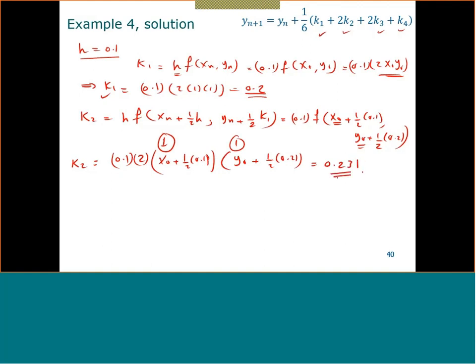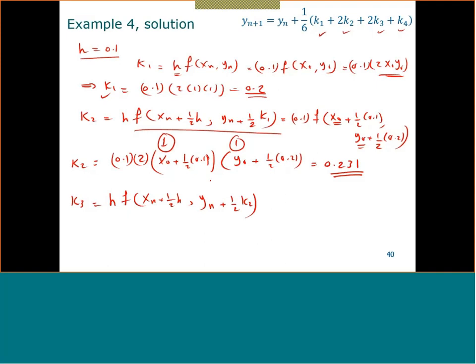So we found K2. Now let's find K3. Once you understand how we implement this, it becomes trivial, a sort of repetition. Here we have h times f(xn plus 1/2 h, yn plus 1/2 K2). It's exactly the same as the previous one.